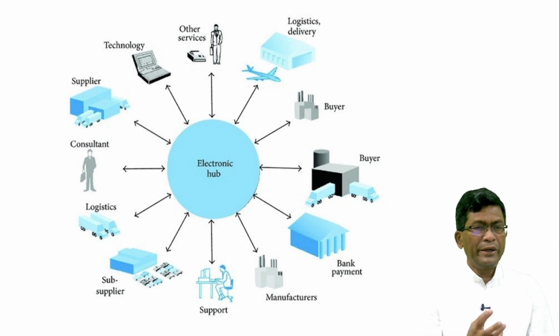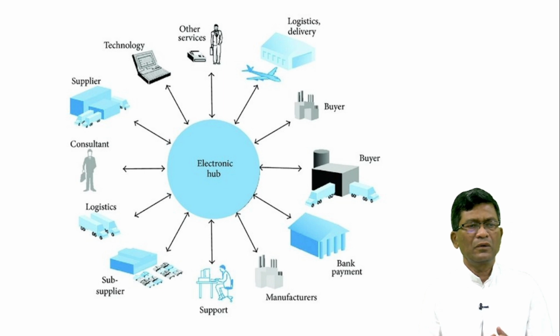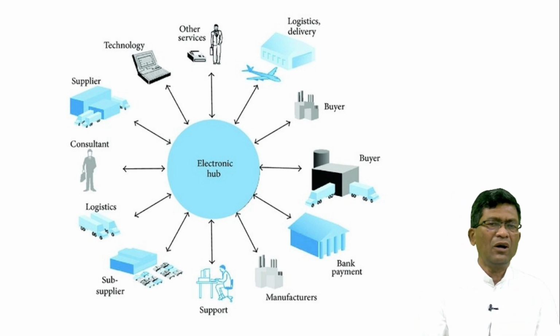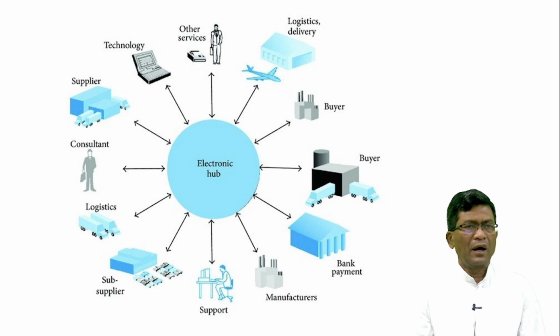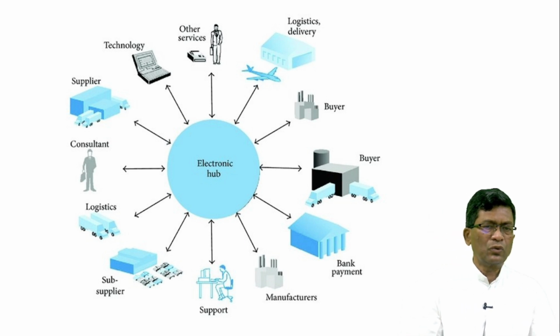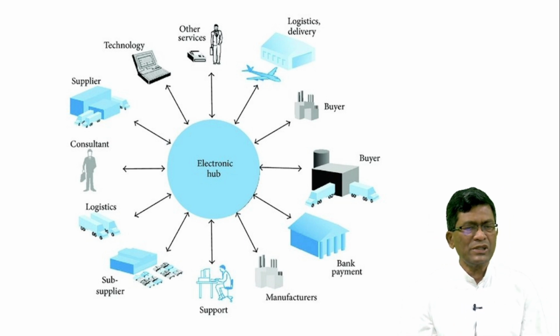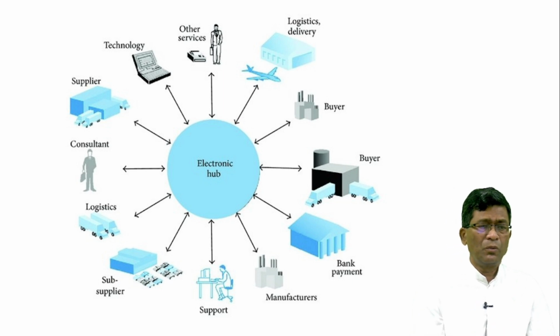So when you look at electronic commerce, different players come into picture. First of all, the buyer is there who is going to buy. It can be a single entity or another wholesale dealer. And there are suppliers with whose support production is done. And there are sub-suppliers who make small parts which are put together.